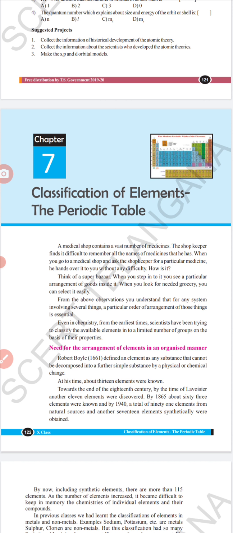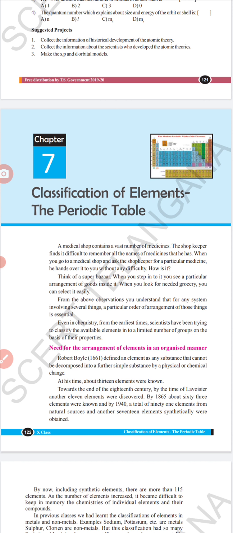For example, I will read this example which is given on page number 122, the first page of this chapter. A medical shop contains a vast number of medicines. The shopkeeper finds it difficult to remember all the names of the medicines that he has.